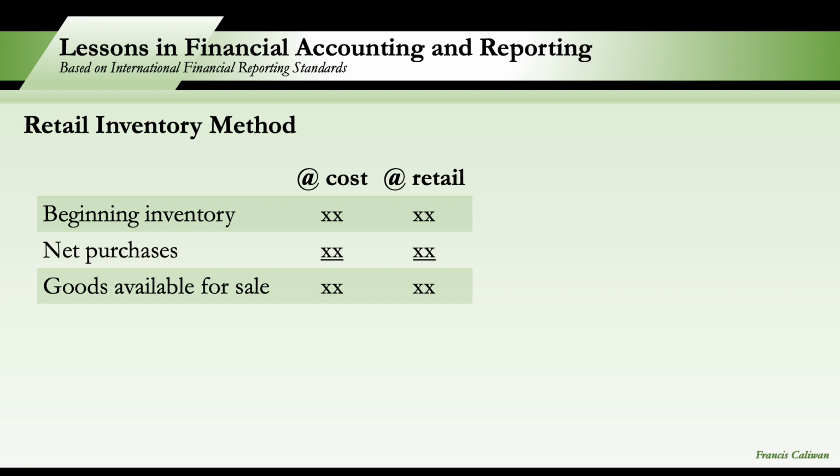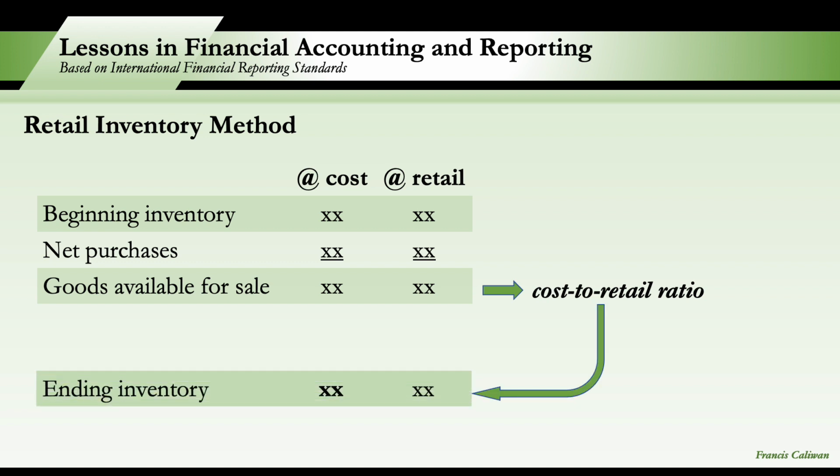The cost and the retail amounts are very important in the retail inventory method because these two amounts will be used in the determination of our cost to retail ratio. This cost to retail ratio is applied to our ending inventory at retail for us to determine the cost of our ending inventory.